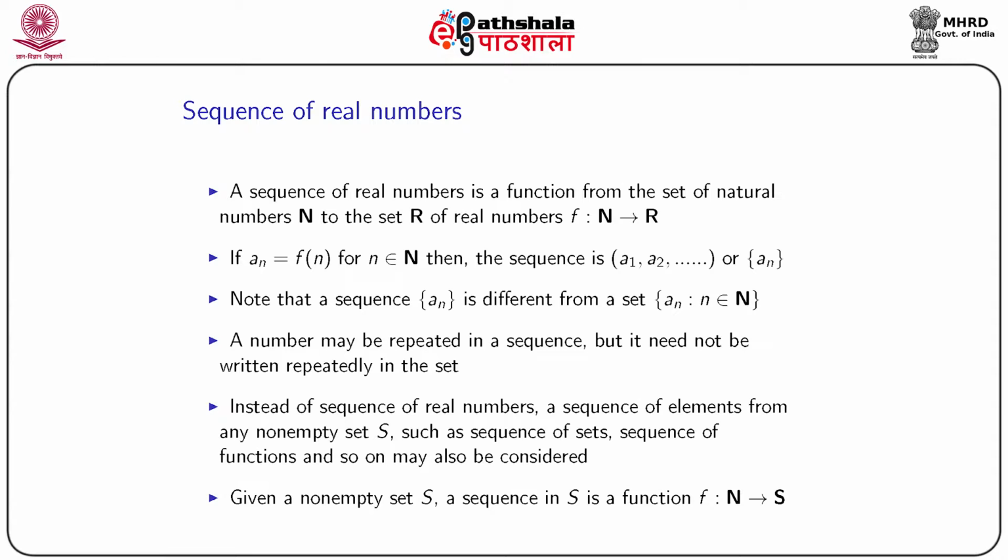The main difference is that a number may be repeated in a sequence, but it need not be written repeatedly in a set. So in a set we do not write the repeated numbers, but in a sequence we have to write the repetitions too. This is the major difference between a sequence and a set.